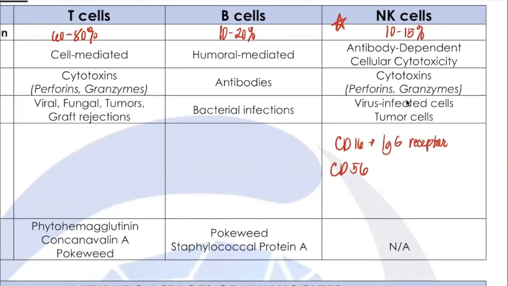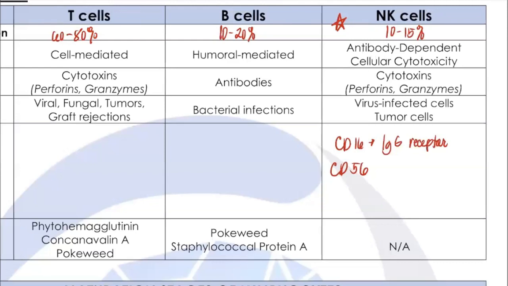The question was, meron daw cell, and the cell was found to be negative for CD2, CD3, CD19, CD20, parang ganun. Negative daw siya para sa CD2, CD3, CD19, tsaka CD20. Anong cell daw siya? The choices were T helper, T cytotoxic, B, tsaka natural killer.